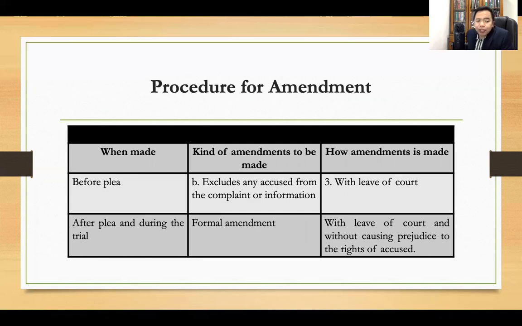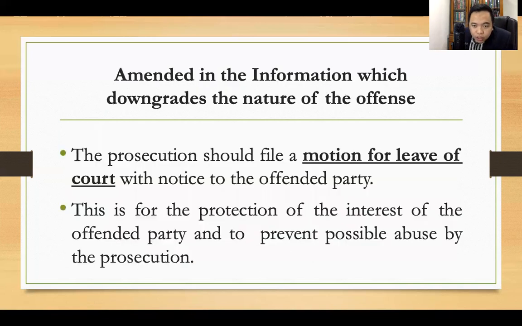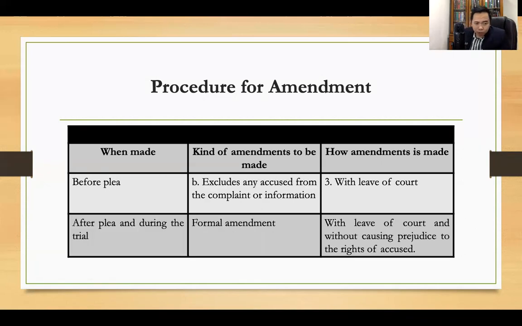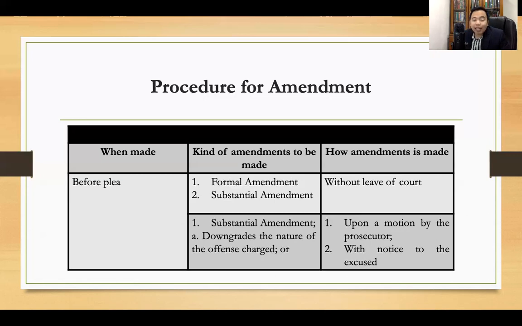However, class, after the accused has entered his plea and during trial, formal amendment can only be made with leave of court and without causing prejudice to the rights of the accused. Remember that distinction, class: before plea, and after plea and during trial. Again, class, if amendment is made before plea, whether formal or substantial, it can be done without leave of court.